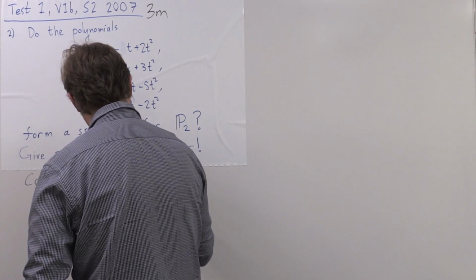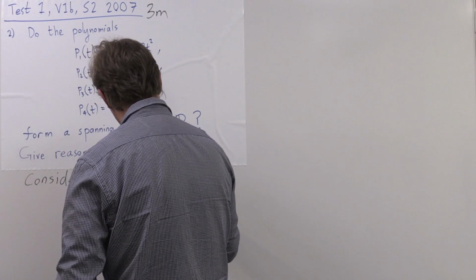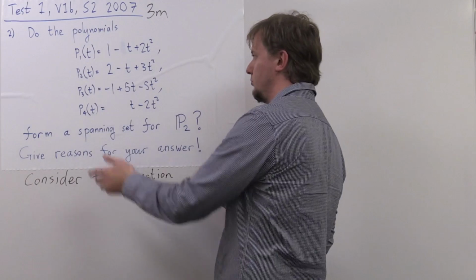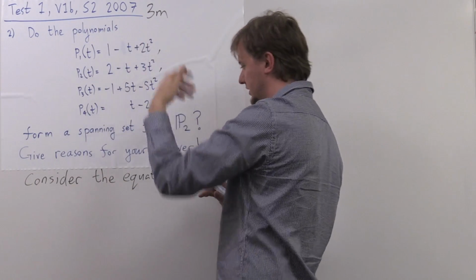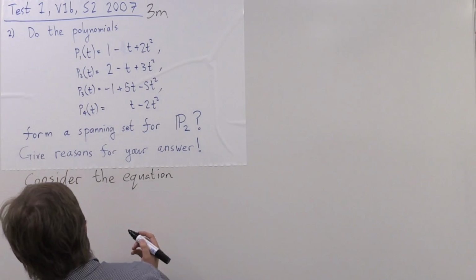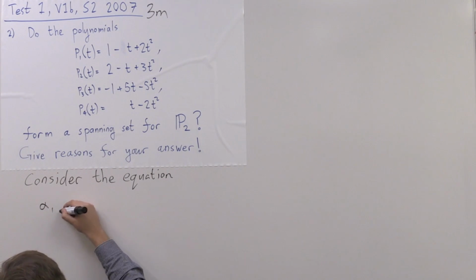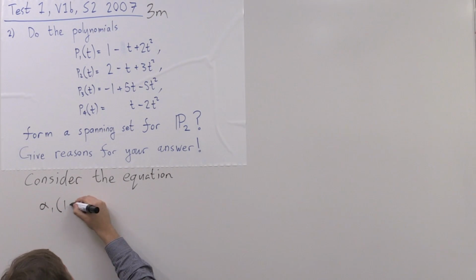So let's consider the equation. When you're checking linear independence, you want to take a linear combination and check what combinations give you 0. So we're going to have a look at the equations given by this.